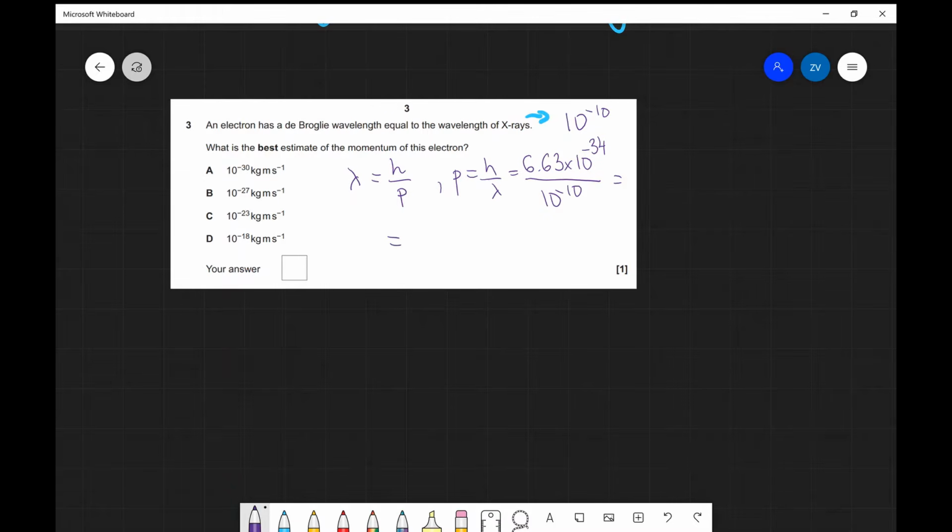That works out to about 6.63 multiplied by 10 to the power of minus 24. Looking at those answers, the closest is C, 6.63 times 10 to the power of minus 24 kilogram meters per second.